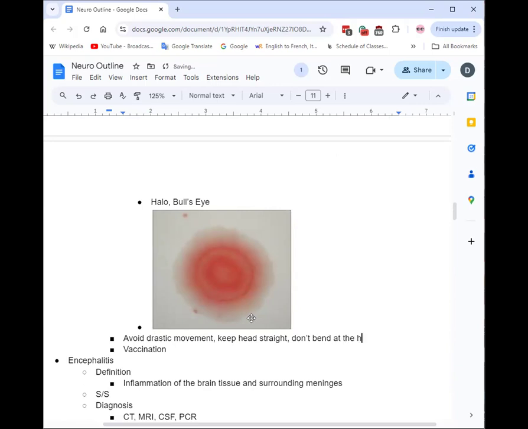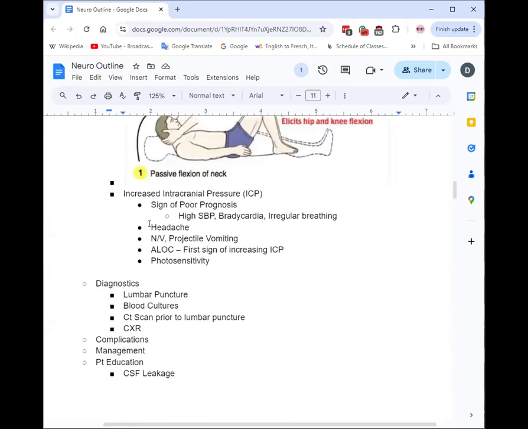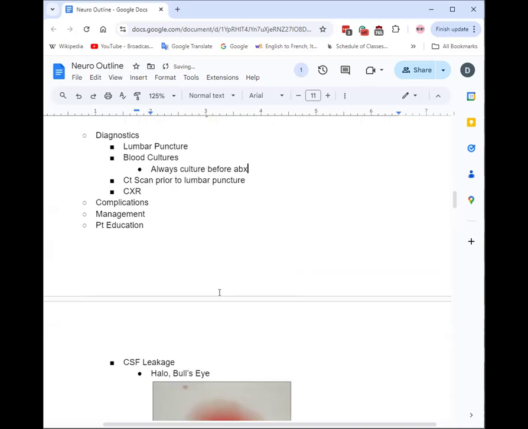Another important thing to always keep in mind is that you always want to do cultures before you start antibiotics. That is definitely something you need to be aware of: always culture before antibiotics.